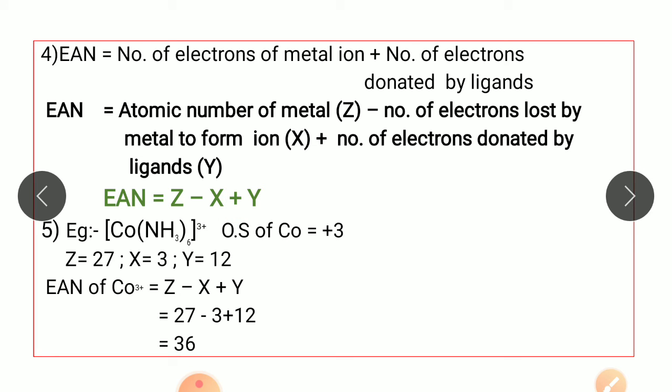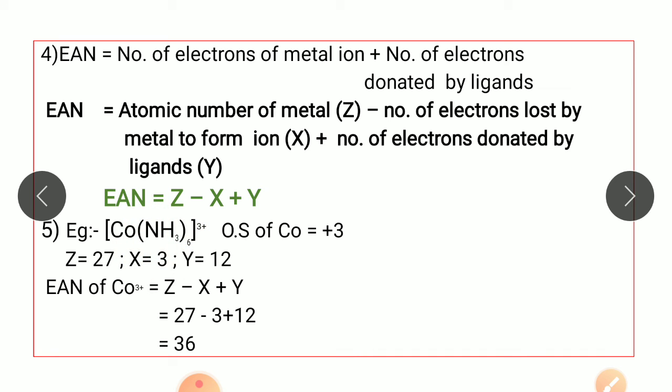So let's do one example: cobalt, Co(NH3)6, and the complex is carrying a plus 3 charge. We know that ammonia ligands are neutral, so the charge of the complex is nothing but the oxidation state of cobalt, that is plus 3. So Z is 27, the atomic number of cobalt. Since it has lost 3 electrons to form the ion, X is equal to 3. And there are 6 ammonia ligands.